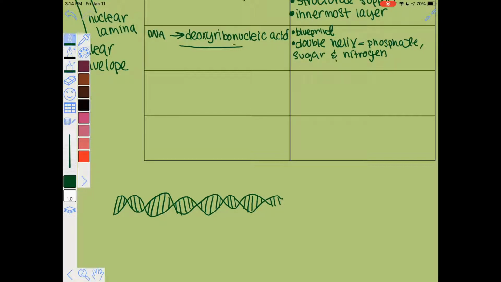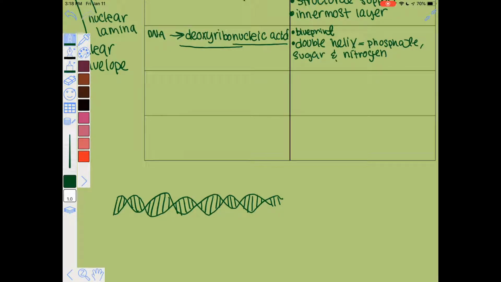Nucleic acid is really saying that the nucleotides, which make up the little rungs of the ladder, are the building blocks of a nucleic acid. So DNA, which is a nucleic acid, is built out of nucleotides, which are these nitrogen bases.